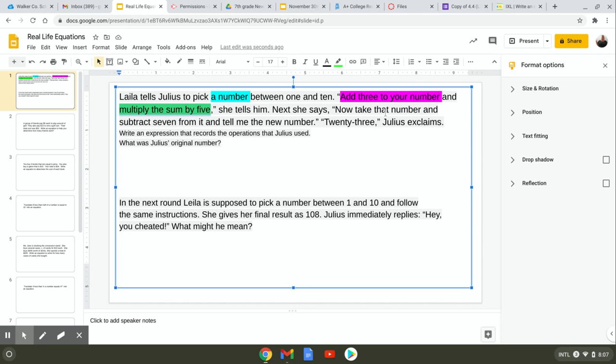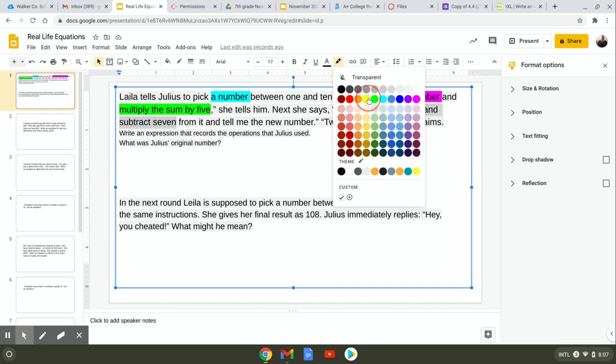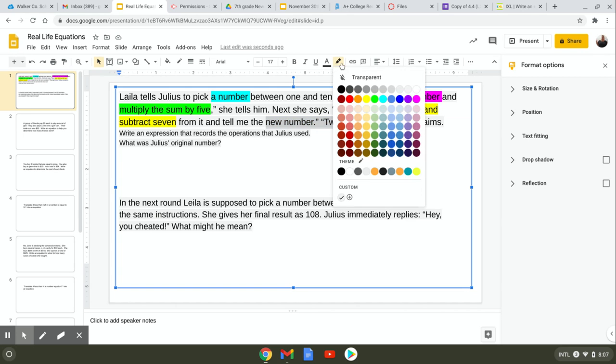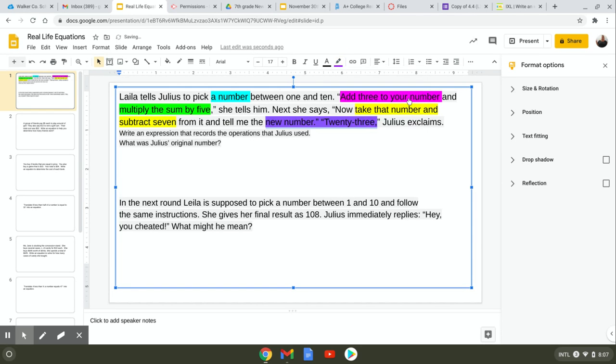So you're going to take that number and subtract 7. So his new number is equal to 23. Okay, so here's all the things we need to know.